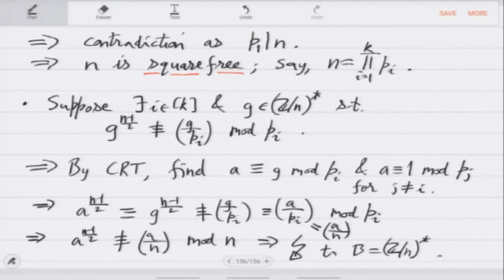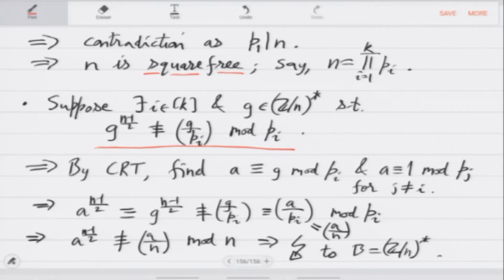This will contradict B equal to Zn star. So what this means is that this condition is false. It's basically for every g and i, g raised to n minus 1 by 2 has to be equal to g over pi mod pi. This is what we have deduced. So let's continue with that.